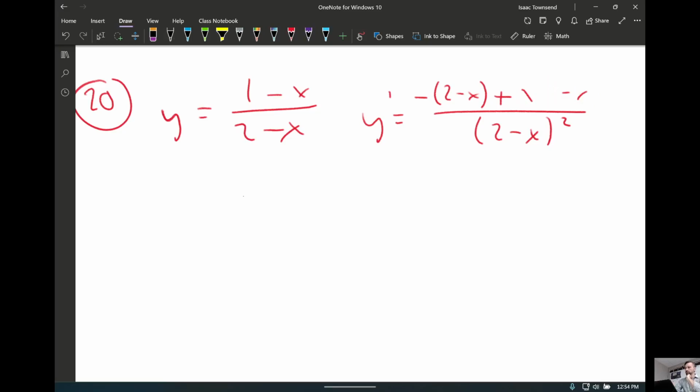The bottom one is -1. Okay, so let's see. Derivative of the top with the bottom left alone, minus the derivative of the bottom, which would be -1, times the top left alone.